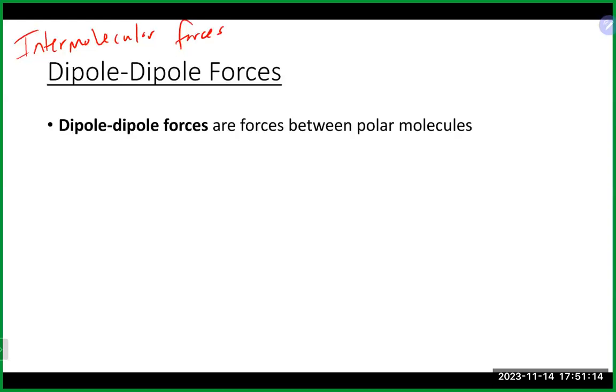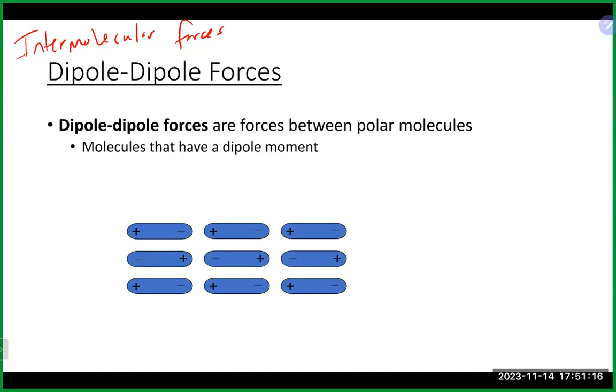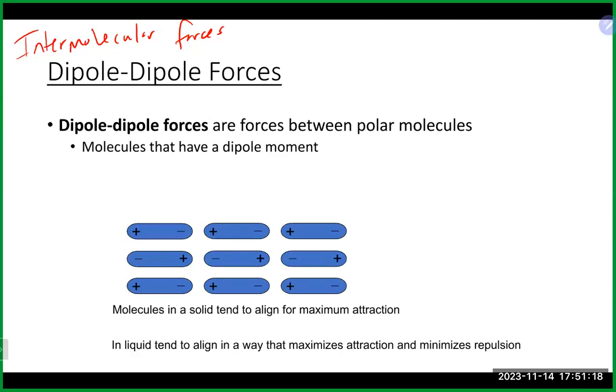All right, so what we're going to talk about here is really intermolecular forces. All of these that we're going to go over here are intermolecular forces. The first type of intermolecular force is what is referred to as a dipole-dipole interaction. And you might remember the word dipole from when we talked about bonding.